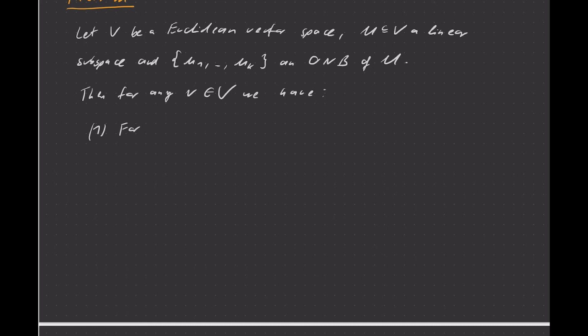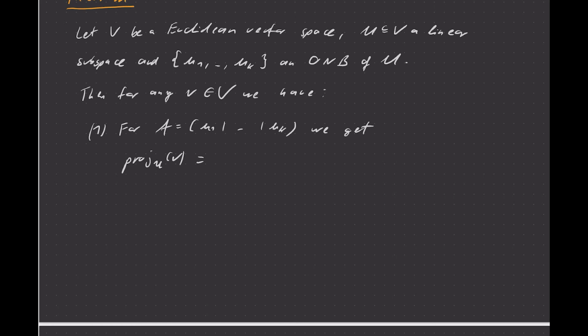If we define the matrix A as consisting of the columns u1, u2, and so on up to uk, we then get the projection of v on U. Remember, that is the same thing as first solving the system A transposed A x equals A transposed v.